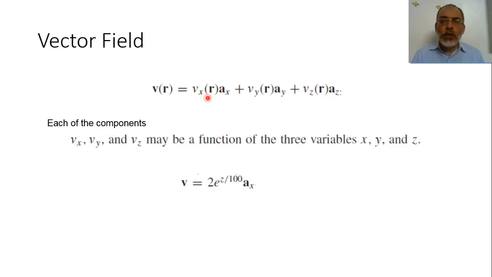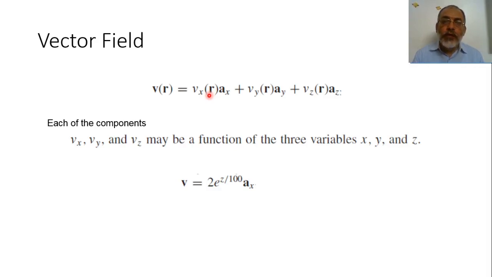It is not required that if I'm talking about Vx, it depends on x. It can be depending on y or on z, and it also can depend on x.